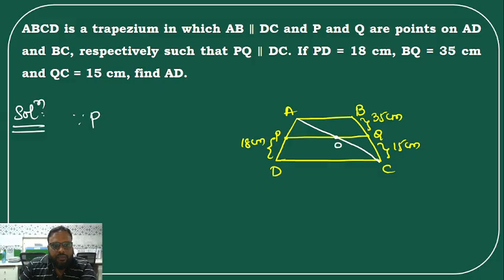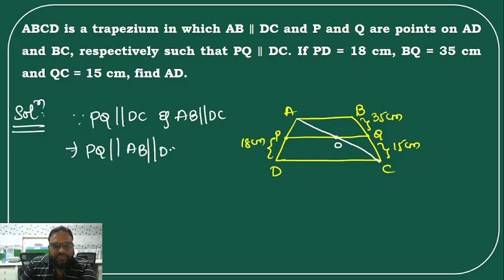Now since PQ is parallel to DC and AB is parallel to DC, I can say that PQ is parallel to AB is parallel to DC. And since O is a point on PQ, OP also will be parallel to AB as well as DC.